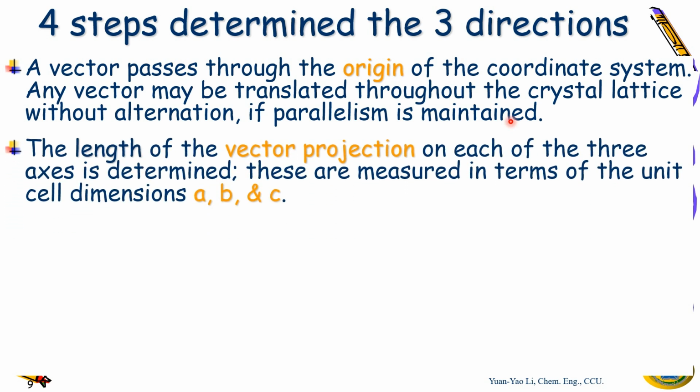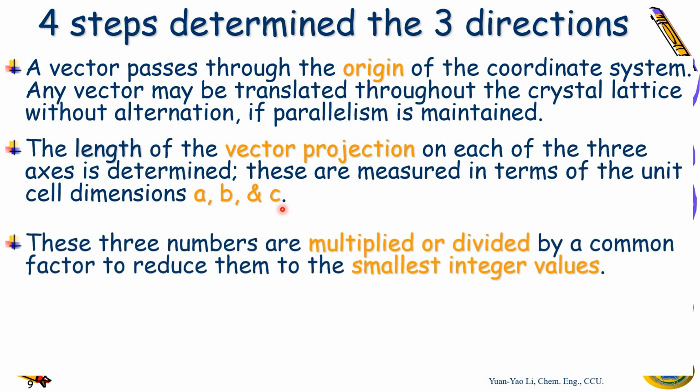Okay, and the second step is that the length of the vector projection on each of the 3 axes is determined. These are measured in terms of the unit cell dimensions a, b, c. So this vector has to do the projection to the a-axis, the x-axis, y-axis, and z-axis, and you get the length on the x-axis, the y-axis, and the z-axis.